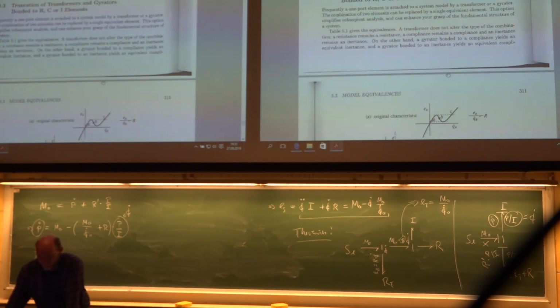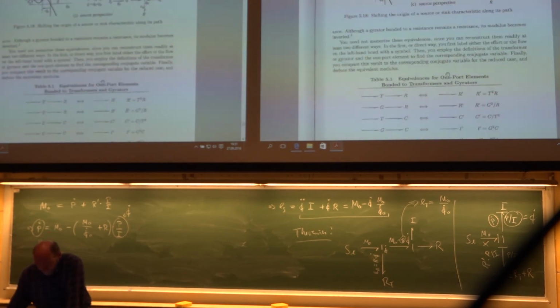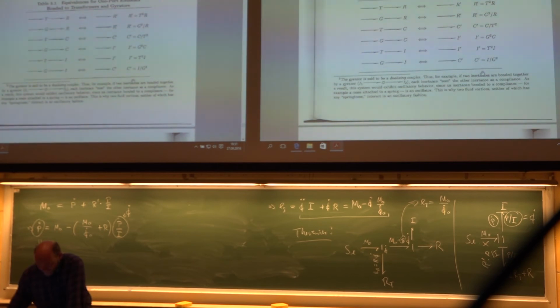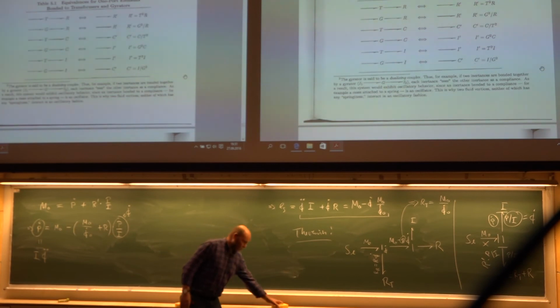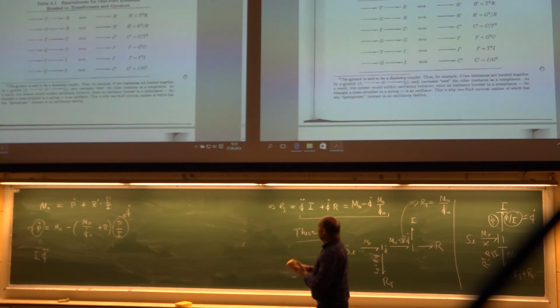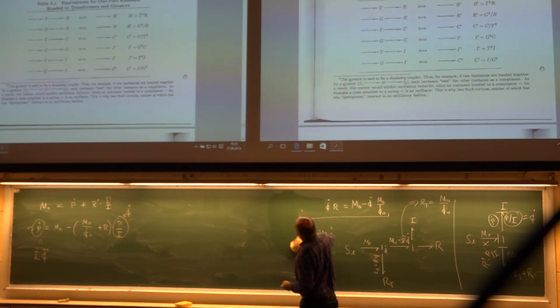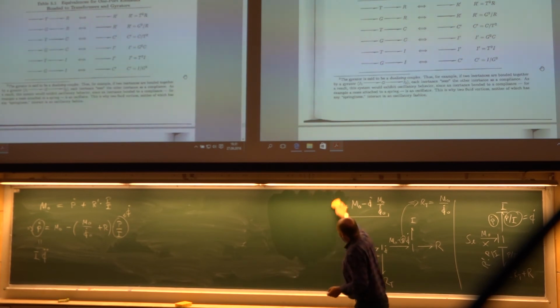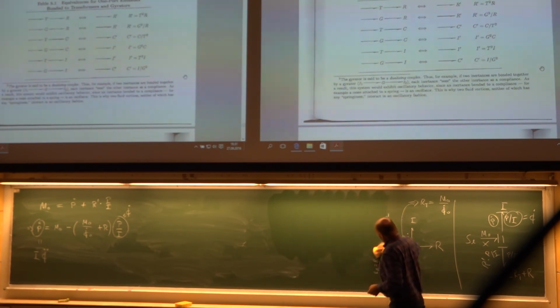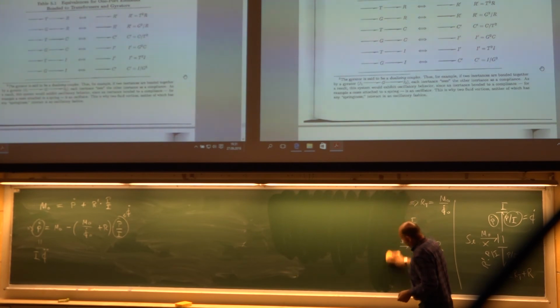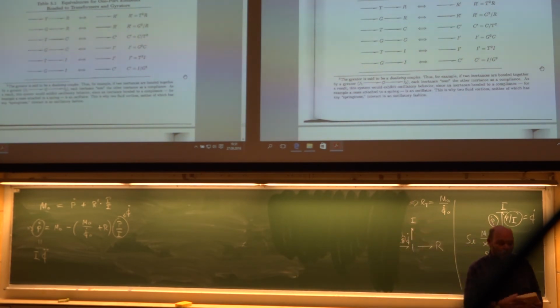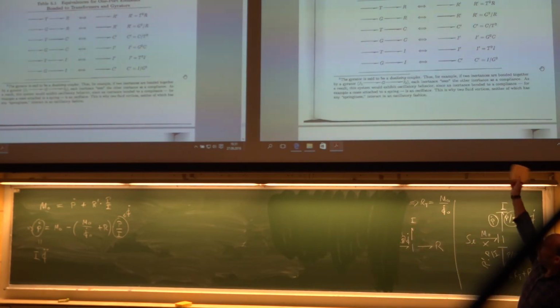Truncation of transformers and gyrators. Here we have a very nice little list, and you will find this one in the attachment to the exam, so you don't have to remember this one. But you risk that on the exam, I will ask you to show one of these.